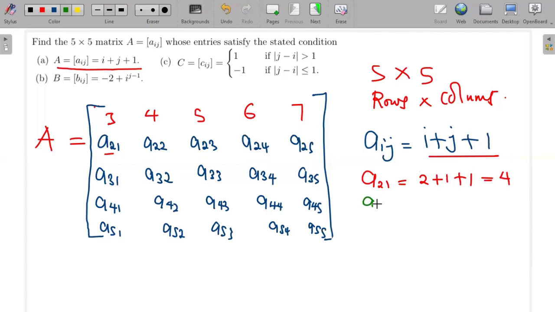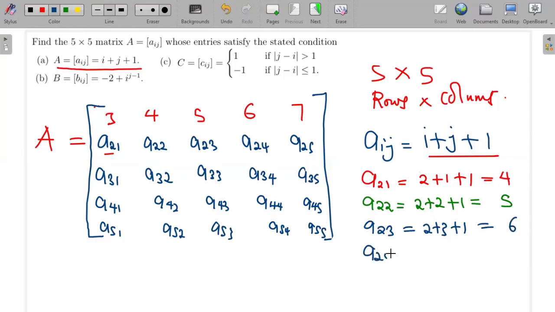The next one is A22, which is 2 plus 2 plus 1, equal to 5. The next one is A23, which is 2 plus 3 plus 1, which is 6. The next one is A24, which is 2 plus 4 plus 1, which is 7 now.